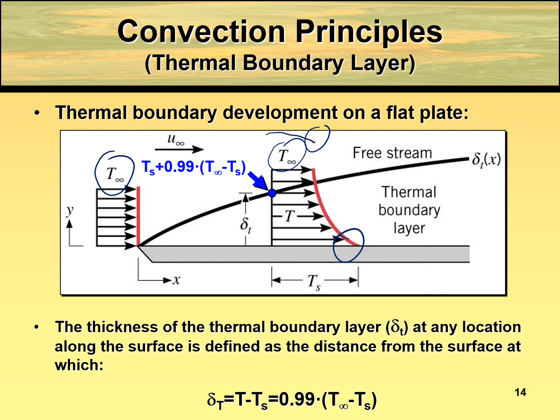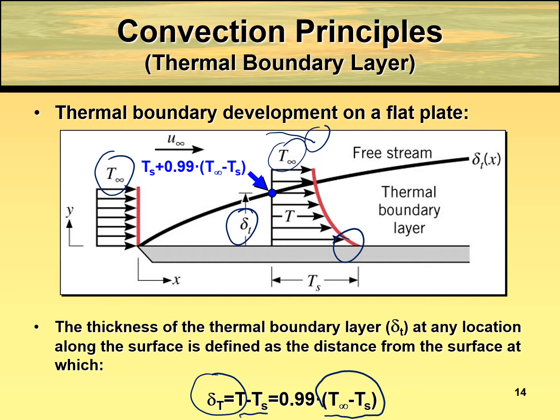So the thermal boundary layer is measured when the difference between T infinity and Ts, the free stream temperature and the surface temperature, is about 99%.